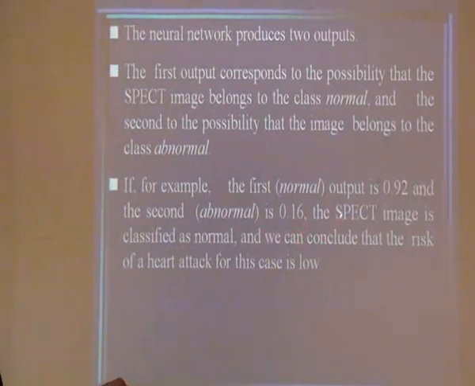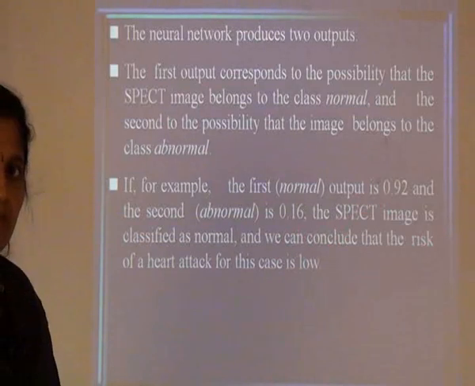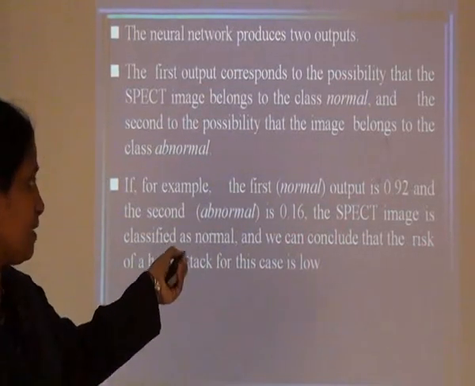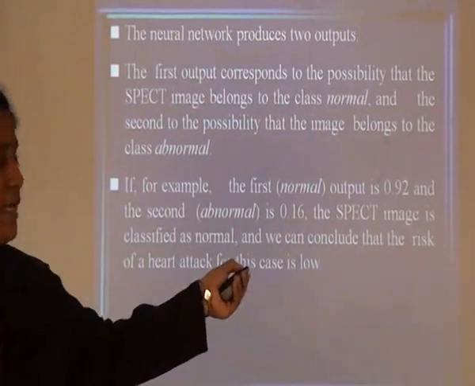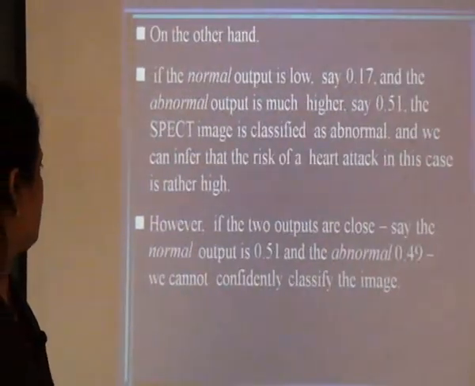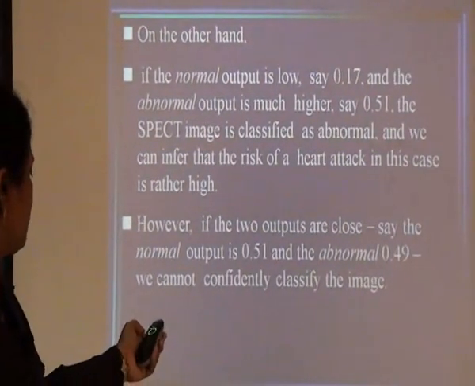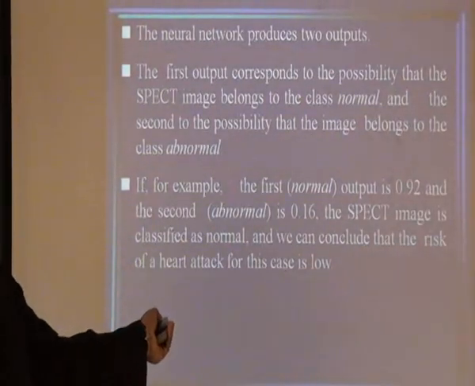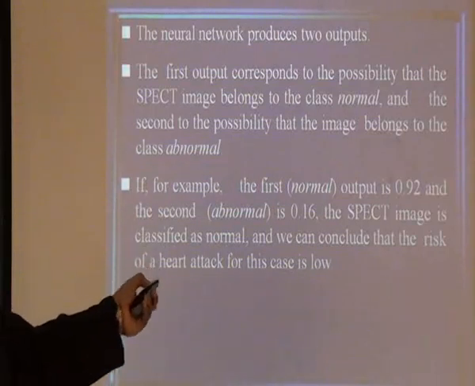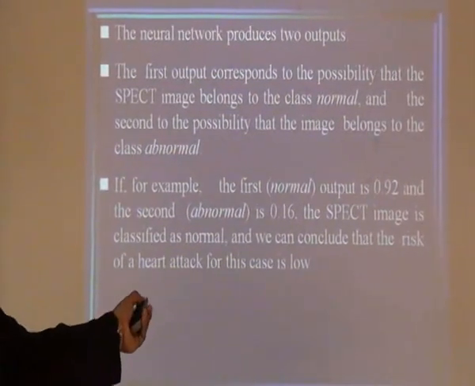In this case, clearly you can declare the output is normal, because 0.92 is higher than 0.16. Both are extreme. You can declare this image is normal, and we can conclude the risk of heart attack is low.